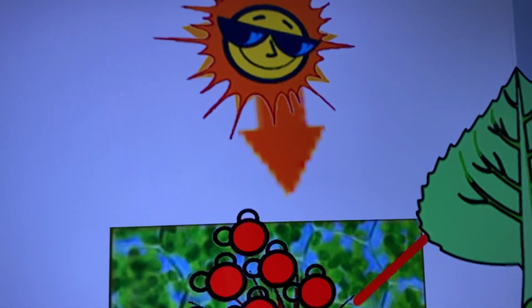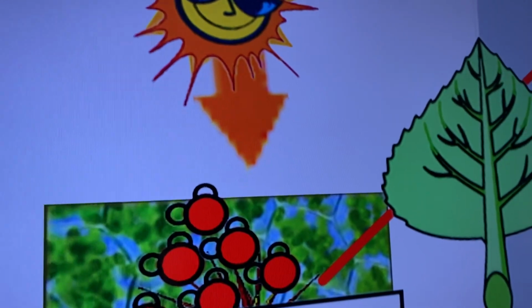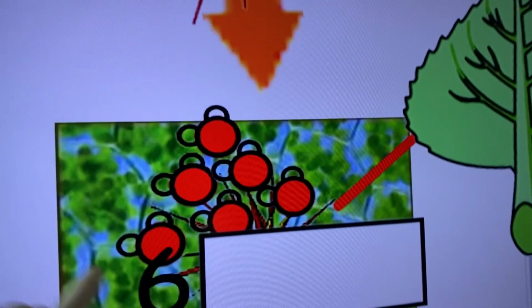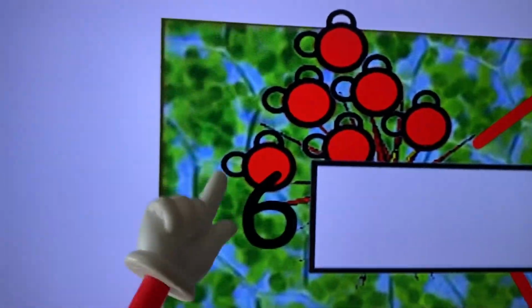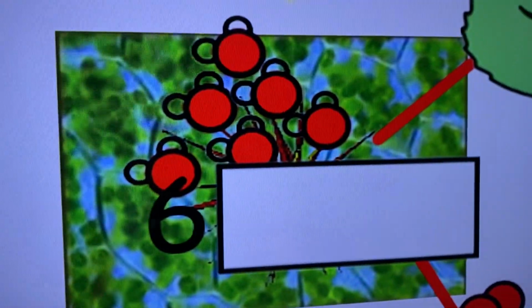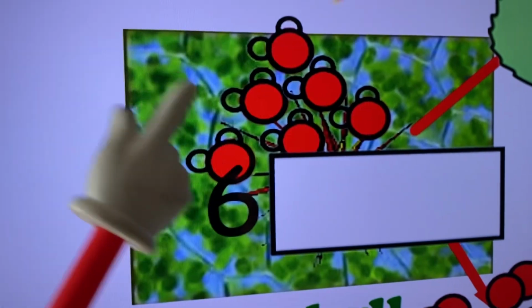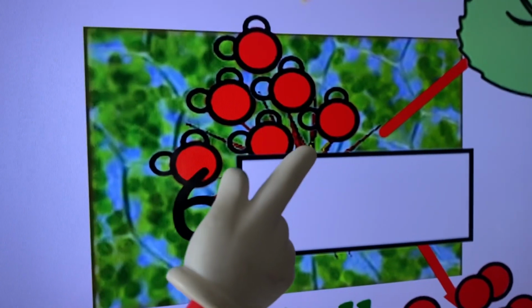You need light to do that. In fact, it doesn't have to be sun, it can be just regular old white light from a light bulb. Because chlorophyll is green, it absorbs all of the rays of light except for green. Green's what bounces off of it. That's why if you tried to grow a plant in green light, you're not going to grow very well.